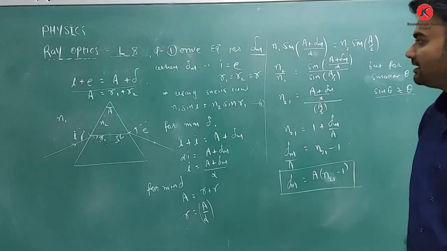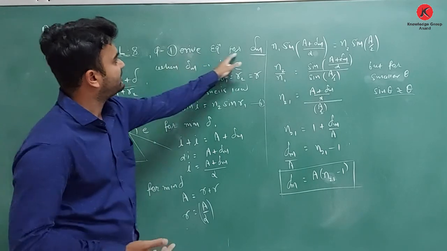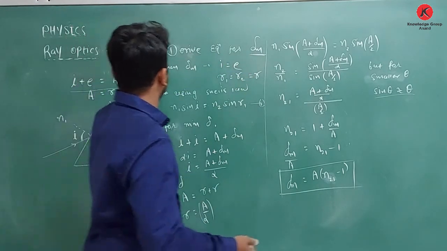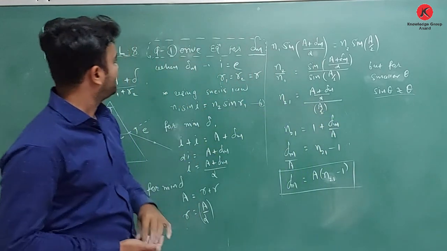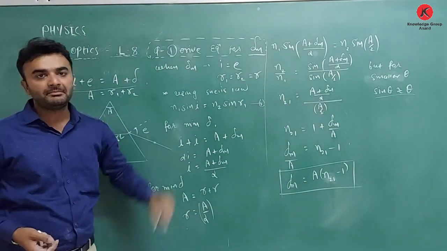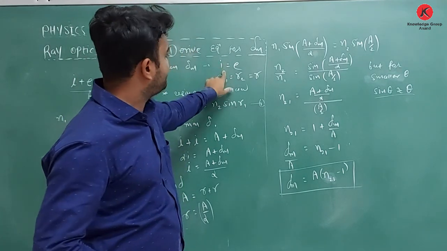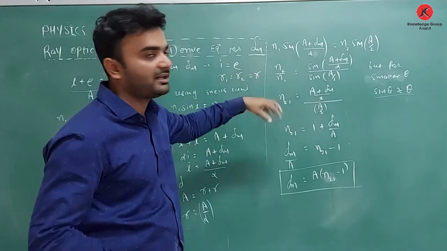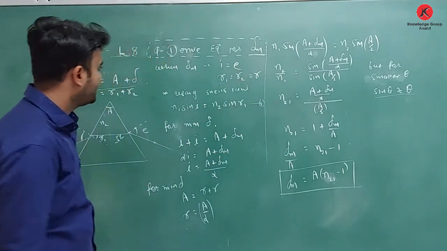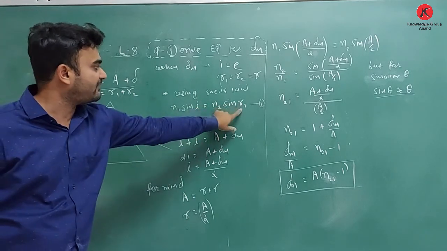Look at it once. What have we done? Derive the equation for delta minimum. So this was the question. When delta is delta minimum, I becomes E, the incident and emergent angles are the same, and R1 and R2 are the same R. Using Snell's law, I want to find R1.